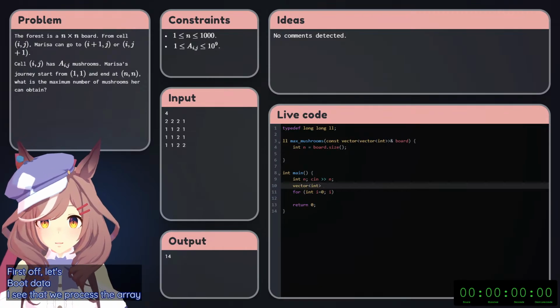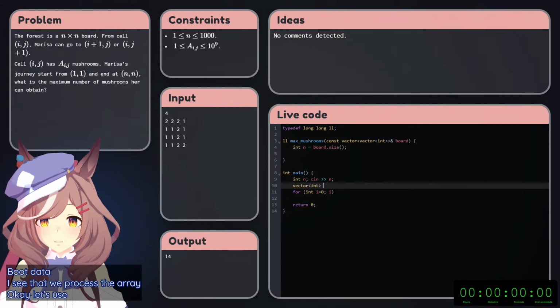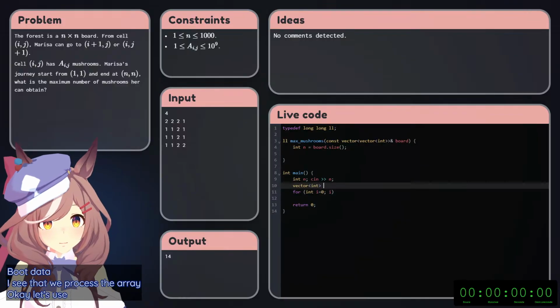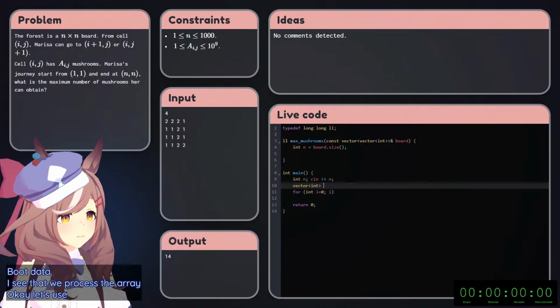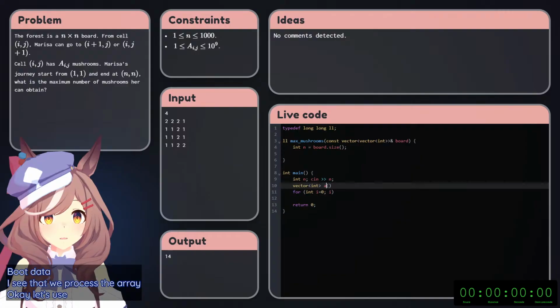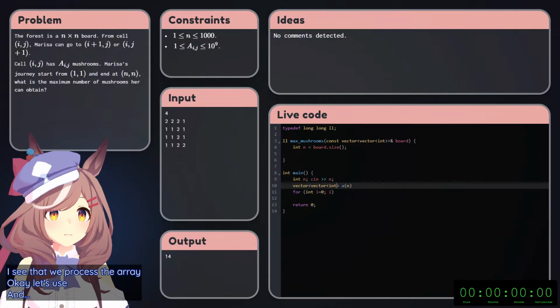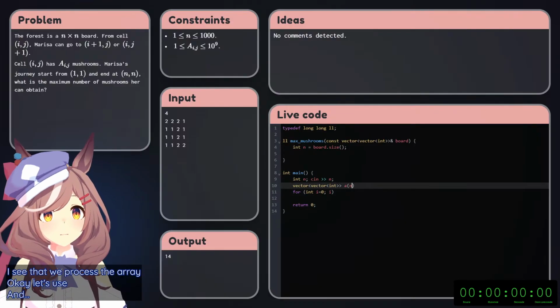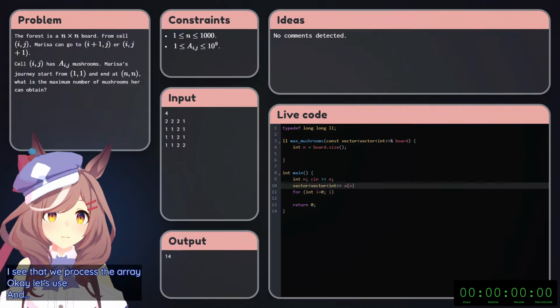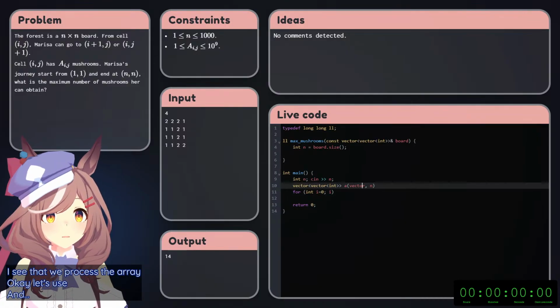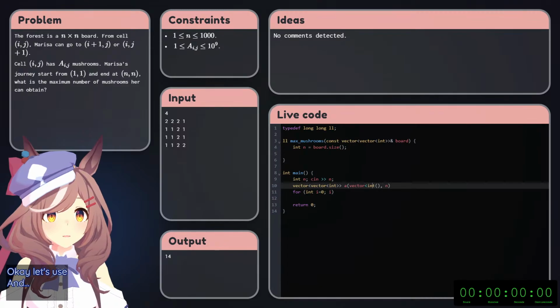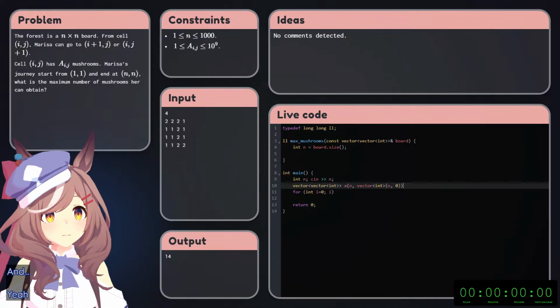Let's use a vector with the initial value of 0.